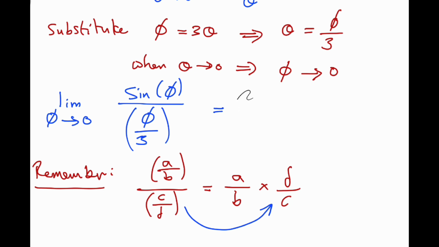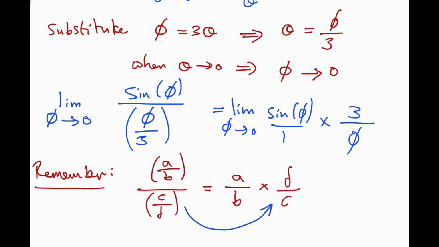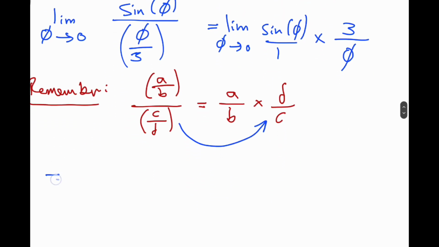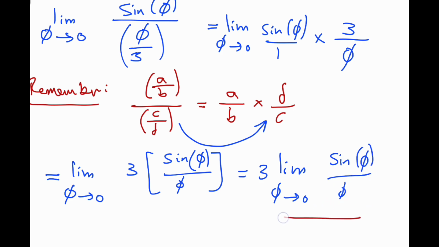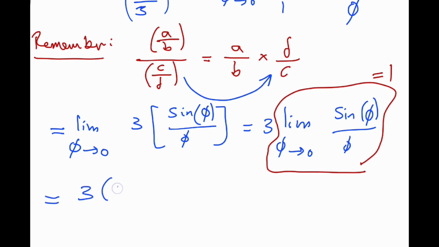So this is equal to the limit as phi approaches 0 of sine phi, that's the first fraction, divided by 1, of course, multiplied by the reciprocal of the denominator. If you continue, this will be equal to the limit as phi approaches 0 of 3 times sine phi divided by phi. I combine them together, and then the constant can go out of the limit. And we know that this is just equal to 1. So the answer will be 3 times 1, which is equal to 3. And that's it.